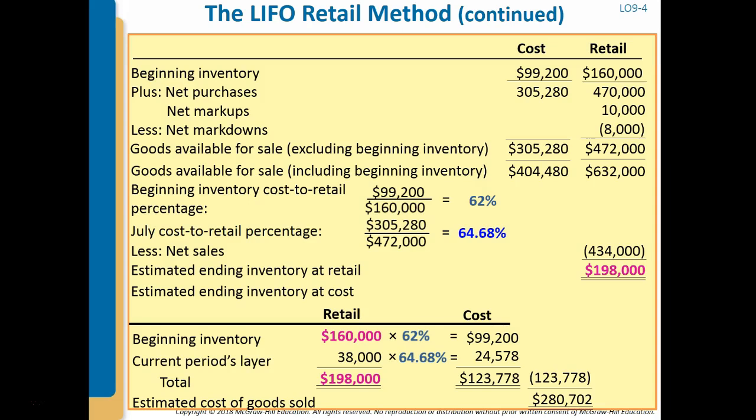This layer would be converted to cost by multiplying it by its own cost to retail percentage, reflecting the current period's ratio of cost to retail amounts, in this case 64.68%. Now the next period's August beginning inventory will include the two distinct layers of June and July, each of which carries its own unique cost to retail percentage. Note in the slide that both net markups and net markdowns are included in the calculation of the current period's cost to retail percentage.